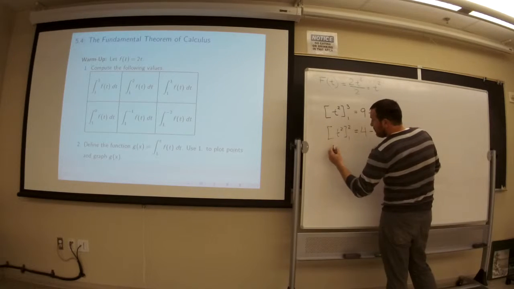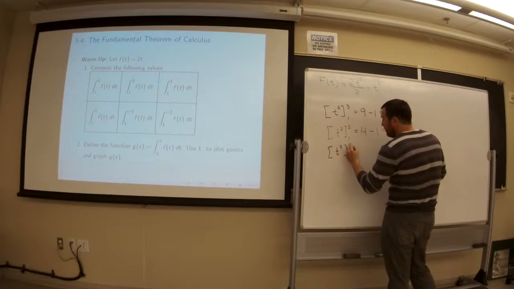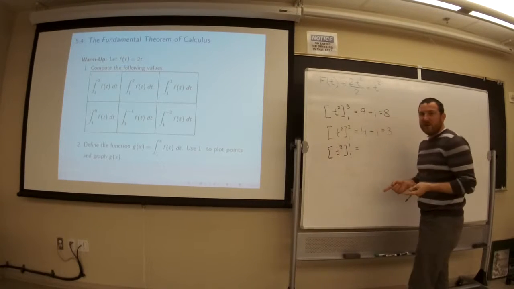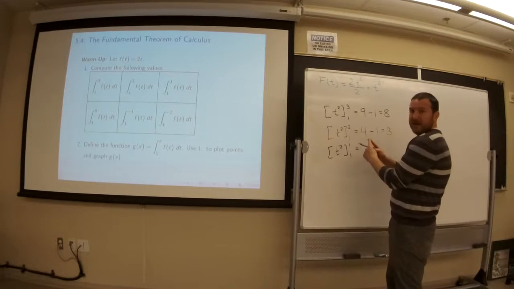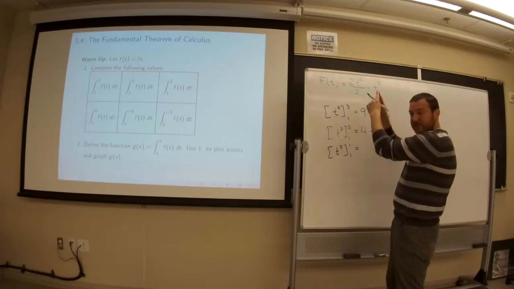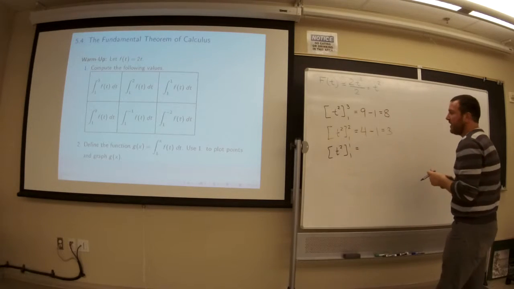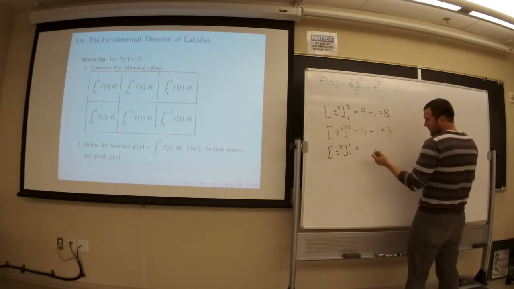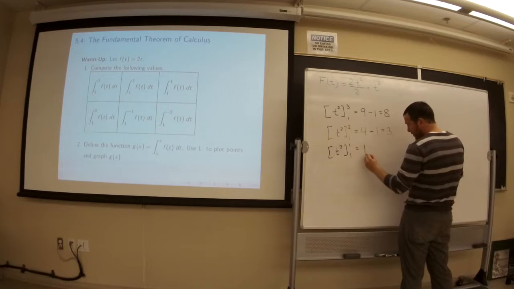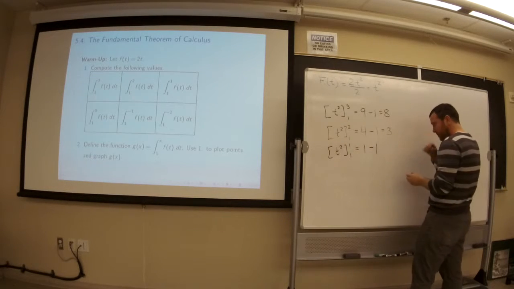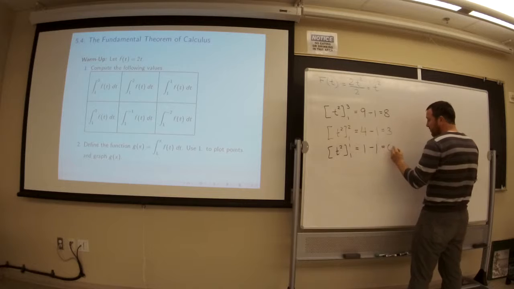For the next one, we'll again do t squared, this time evaluated from 1 to 1. And this should be 0, since integrating from 1 to 1 would just be that little vertical line segment, so not have any area. But of course, if we evaluate it, we'll get 1 squared minus 1 squared, 1 minus 1, so 0.